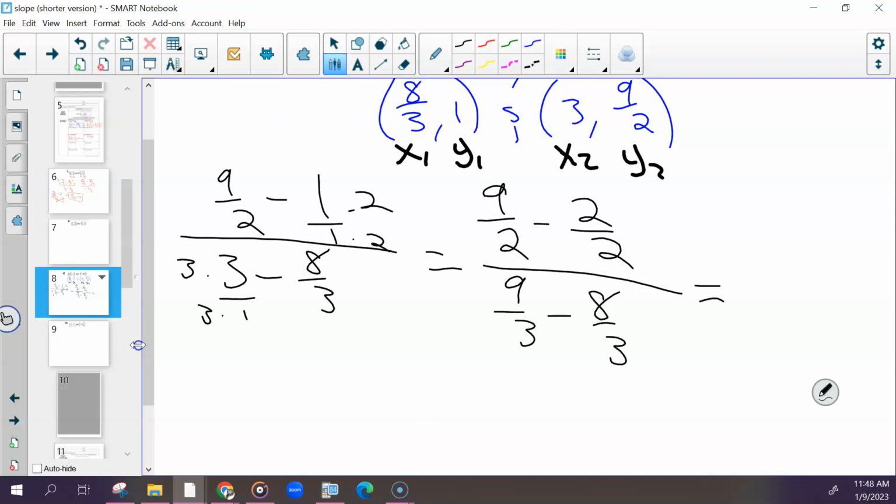What would our two fractions be? What would our numerator become? Say it louder. 7 over 2.